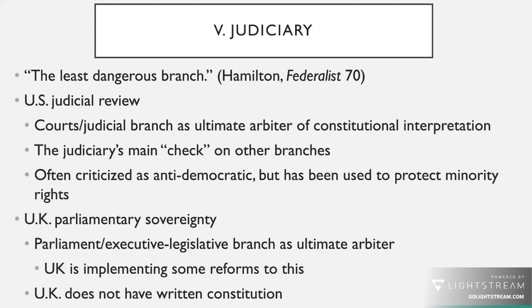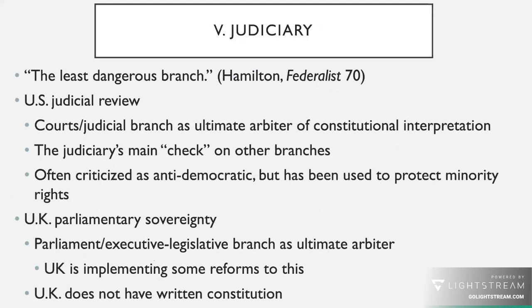So in the United States, the doctrine of judicial review is the idea that courts are the ultimate arbiter of constitutional interpretation. So what does the Constitution mean? And that's a pretty complex idea once you get into the weeds, because obviously the presidency and Congress, they both have a large role. They have to interpret the Constitution on a daily basis.